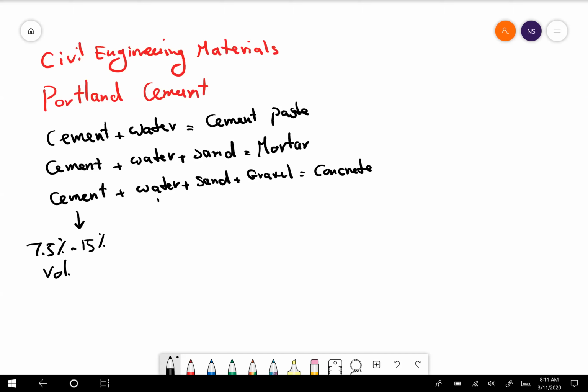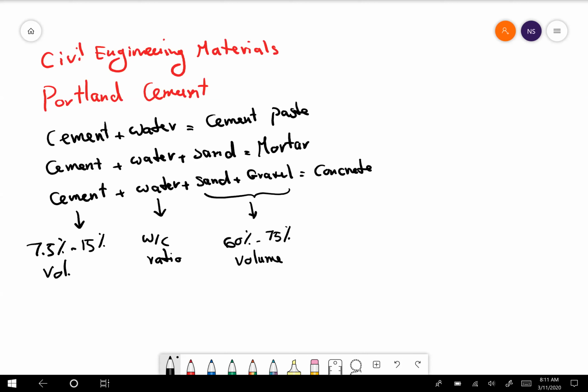Then we have water based on the water to cement ratio. Then we have aggregates, which is both sand and gravel. That would be the majority of the concrete, about 60 to 75% of the volume.